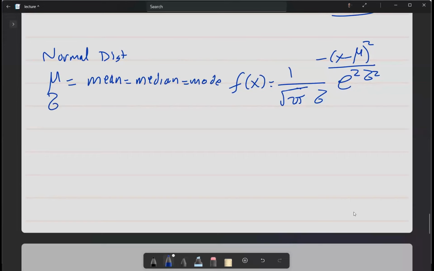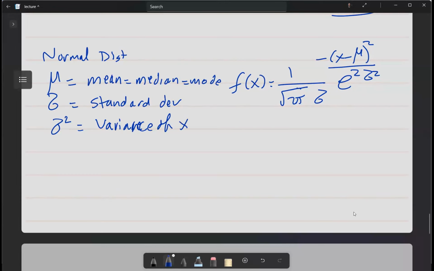And sigma is the standard deviation, and sigma square, if you take the square, becomes the variance of x.